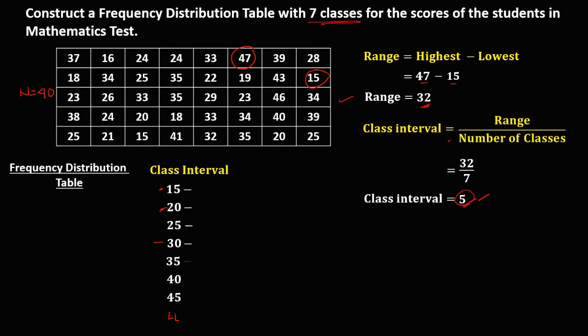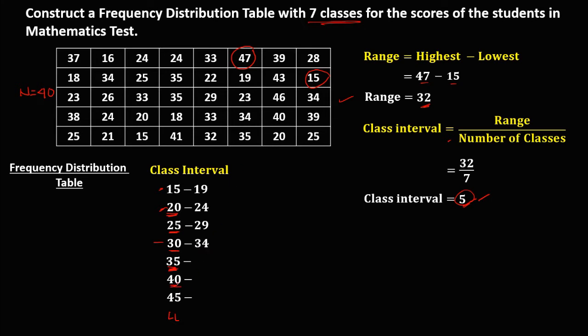Then to solve for the upper limit: since the lower limit of the second class is 20, the upper limit of the first class is 19. Since the lower limit of the third class is 25, the upper limit of the second class is 24. Since the next lower limit is 30, the upper limit is 29. Then 35, so the upper limit is 34.